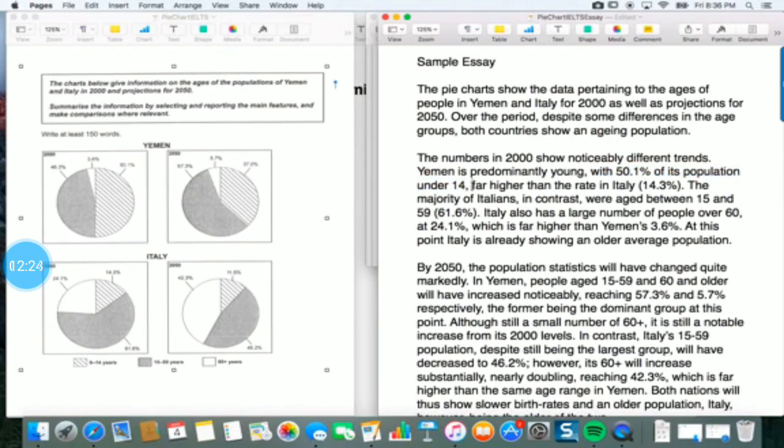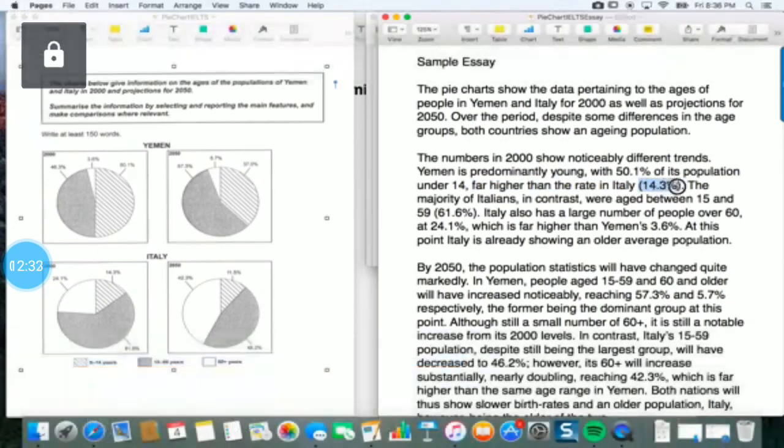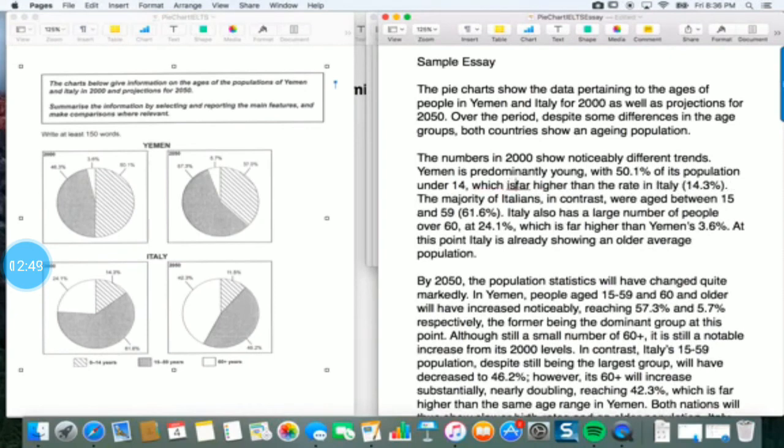Which is far higher than the rate in Italy. And I put the data here. So yes, you can put parentheses. There's nothing wrong with it, and it shows a little range instead of doing the same thing with, at. You can use parentheses, just don't overuse them. And yes, here, beautiful example of a participle clause, which is far higher than the rate in Italy.